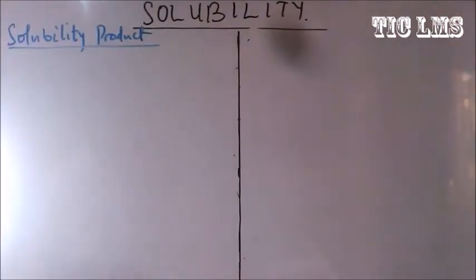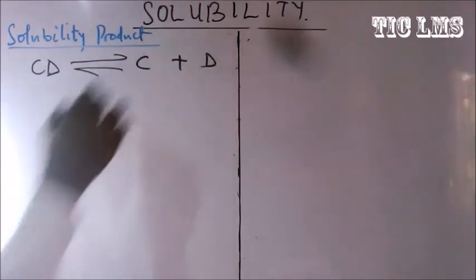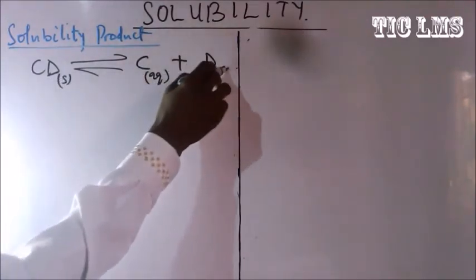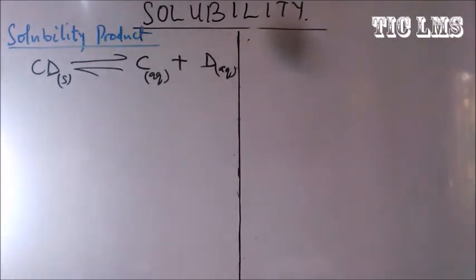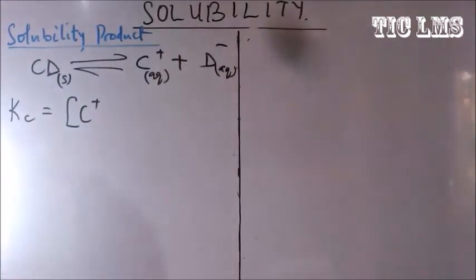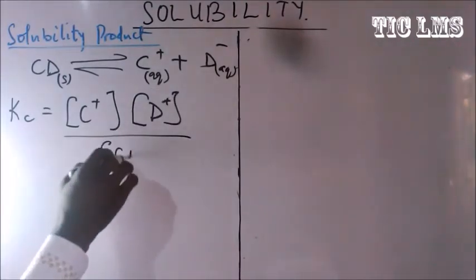Next, we want to look at solubility and solubility products, still under the topic solubility. Now we have a reversible equation, such as if CD is decomposed into C and D. Taking C as a solid, and here we have aqueous of C and aqueous of D. We can determine the solubility product by having that the solubility constant is equal to the concentration of C, which is plus, and here is minus, multiplied by the concentration of D over the concentration of CD.